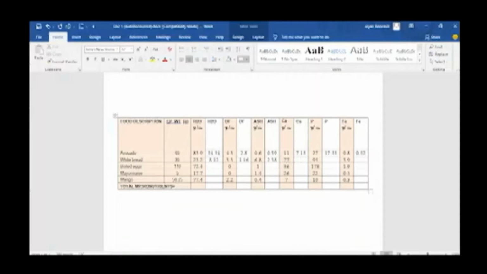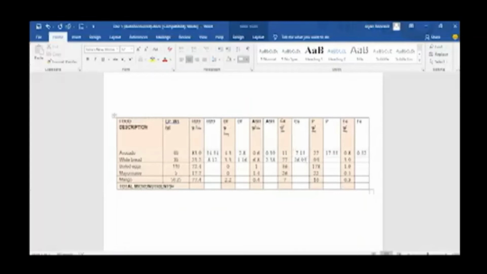For calcium, we have 77 times 35 divided by 100, which is 26.95. Phosphorus, we have 95 times 35 divided by 100, which is 33.25. And lastly, 3.9 times 35 divided by 100 is equal to 1.57.